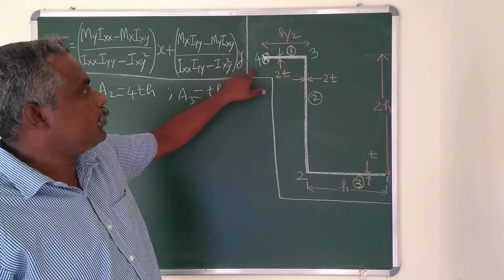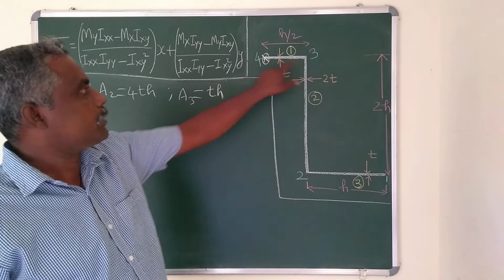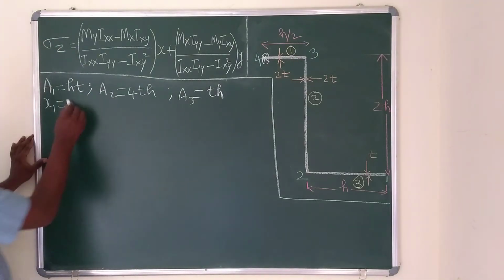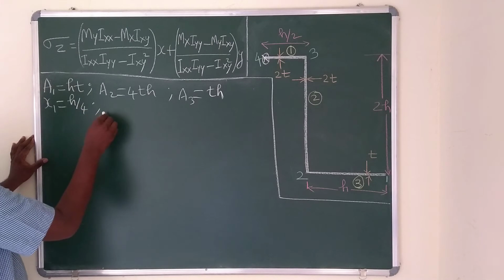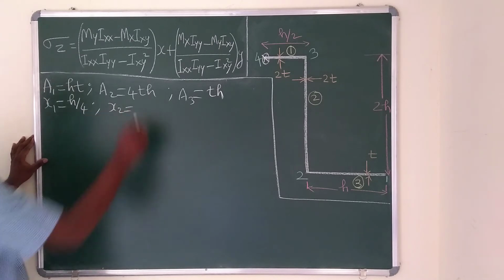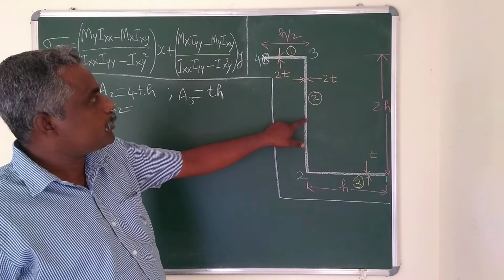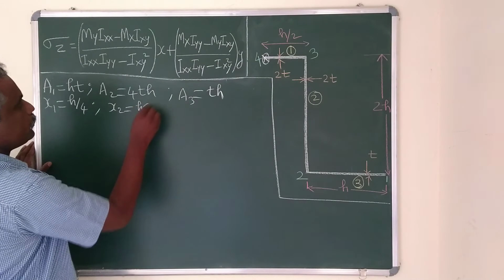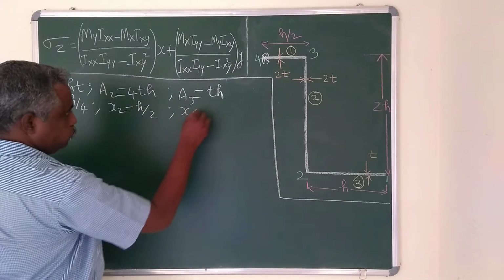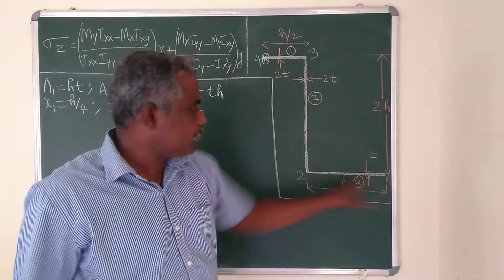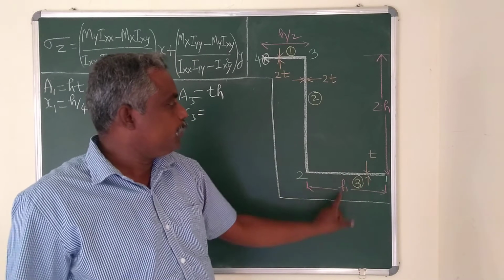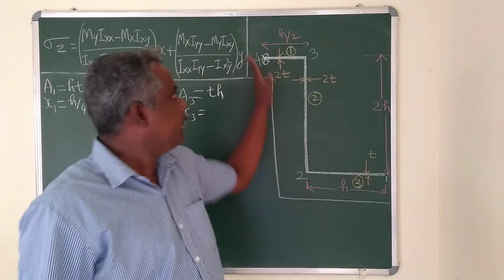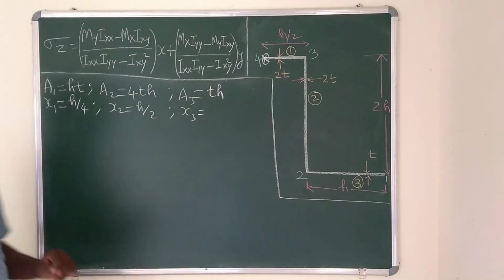This is section 1, so x1 will be h by 2 divided by 2, so x1 is equal to h by 4. x2: this is the centroid for section 2, treat this as a line, so x2 is nothing but h by 2. x3, section 3: from 4 to this midpoint will be h by 2 plus h by 2, which is nothing but h.